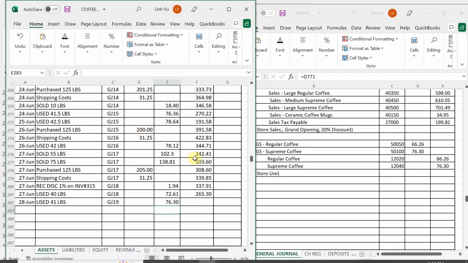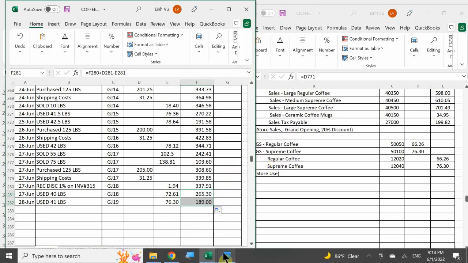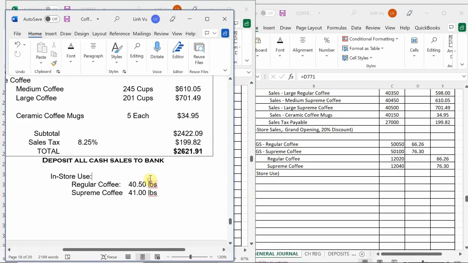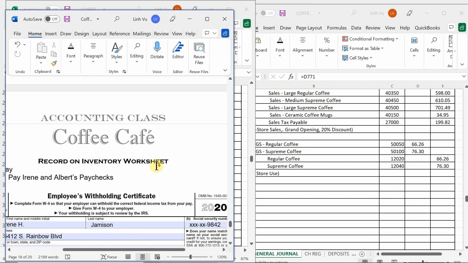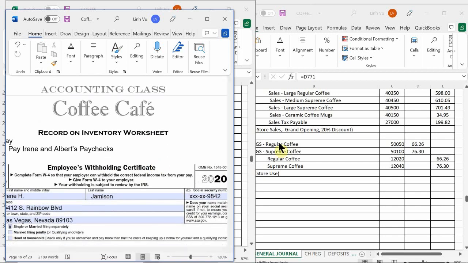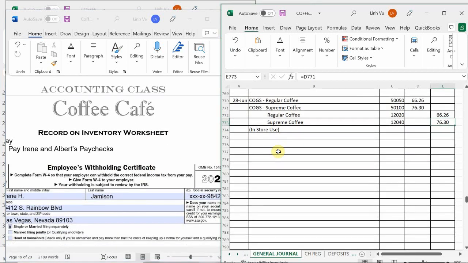So that should have dropped me down to 189, which for sure we already confirmed, right? Because we have 100 pounds left at $1.89. So that gives you 189. Okay. Awesome. Okay. So that is the in-store sales for week 4 for the last day.